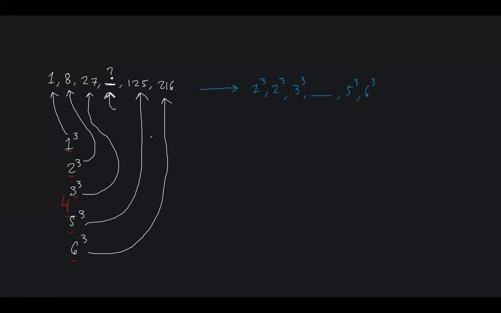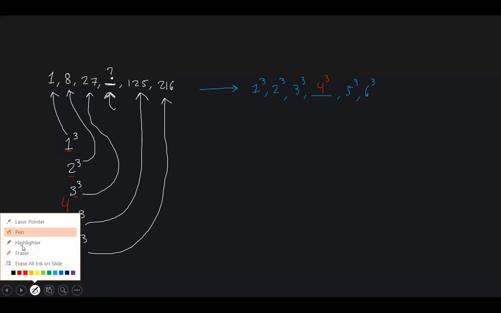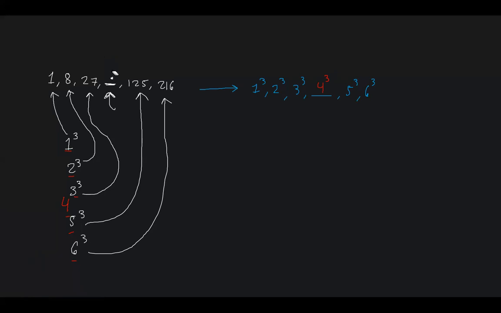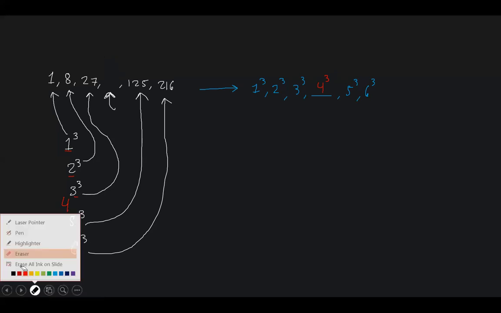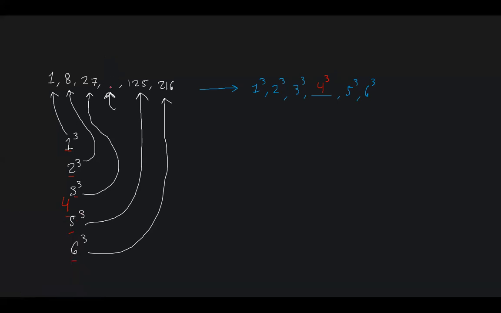Since all of the present numbers here are in cube, the missing term, which is 4, should also be raised to 3. All right. Therefore, the missing term here will be 64.